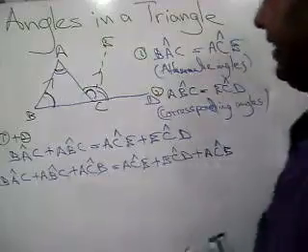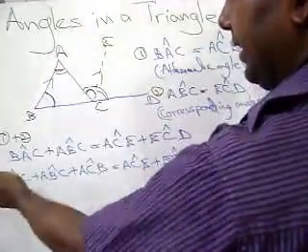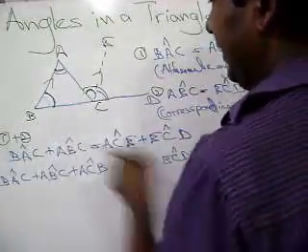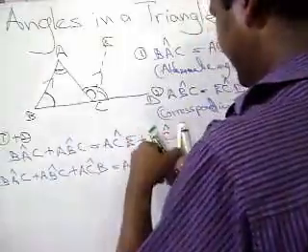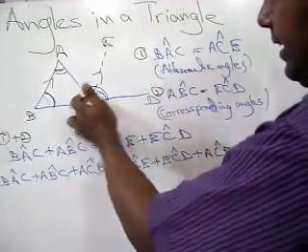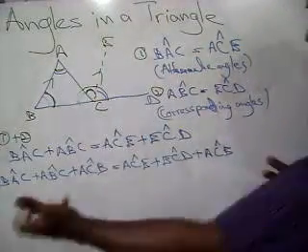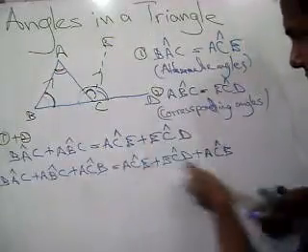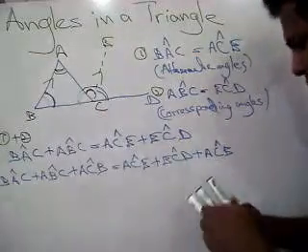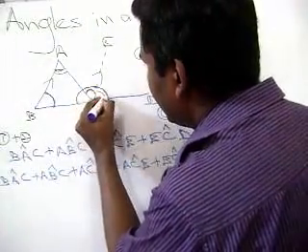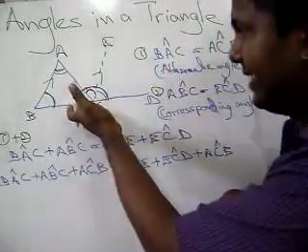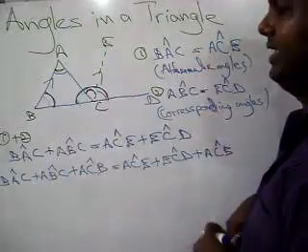So now we've added. So we have the three angles of this triangle on this side, and then we have ACE, ECD, and this angle of the triangle on this side. So these two are equal. Now note this side, ACE, ECD, and ACB. Now this whole thing is actually adjacent angles on a straight line.